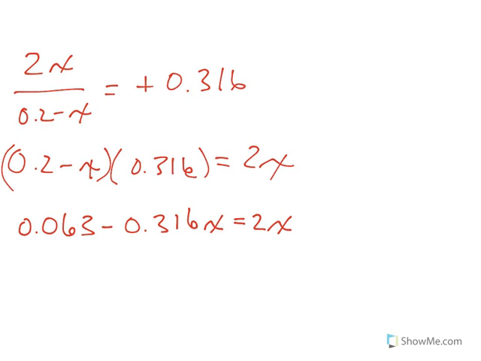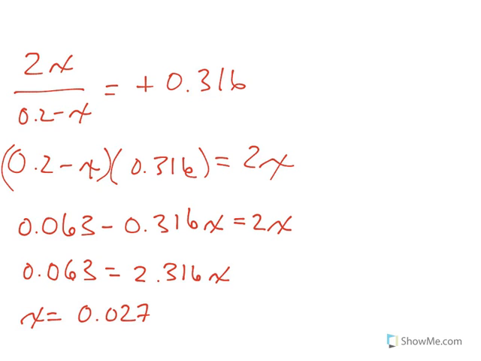All right, and then I'm going to add 0.316x to both sides. I can combine those terms since they both end in an x, and then I can divide both sides by 2.316, and that gives me a number of 0.027.